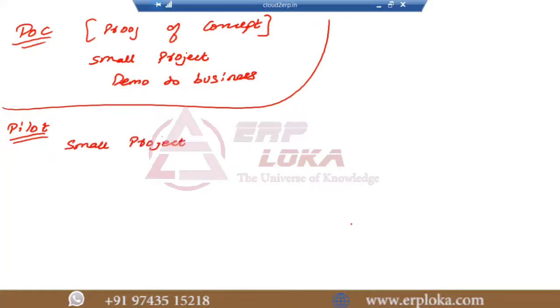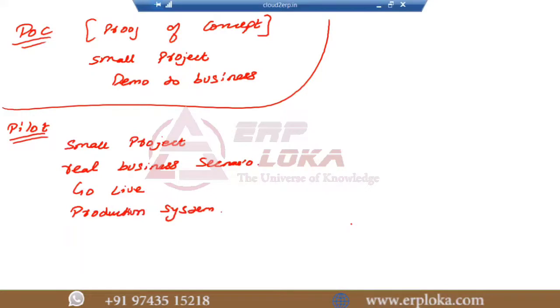This is not a demo. This is a real-time, real business scenario. Whatever you create in a pilot project will go live. That will be used in the production system.